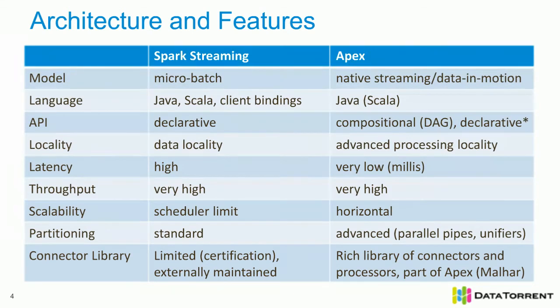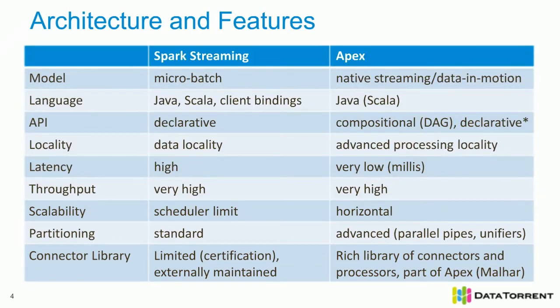But when we look at Apex, we have a very rich library of connectors and also processing functions, and it supports most of the other Apache ecosystem projects. That goes from Kafka also through NoSQL databases, of course the file system, Hadoop file system, Cassandra and HBase, and so on are supported out of the box. So there is a very large set of connectors.